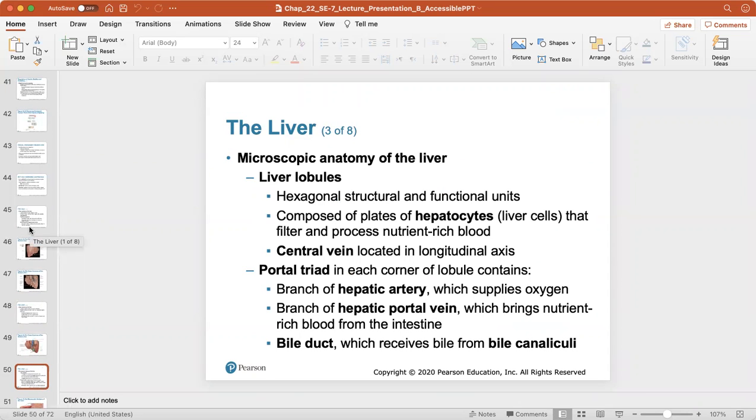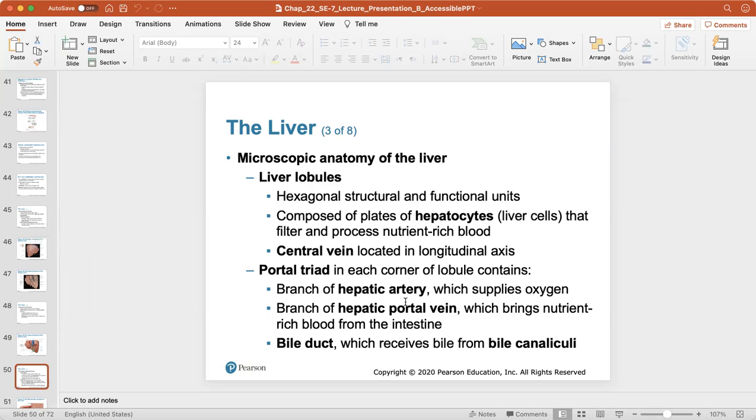The liver, a little bit of microscopic anatomy: it's formed into liver lobules, which are hexagonal structural and functional units. These lobules are composed of plates of hepatocytes, which are liver cells, and you have a central vein located in the longitudinal axis.